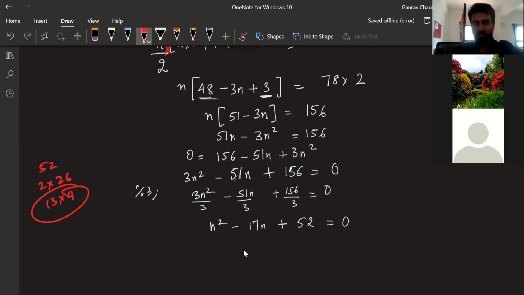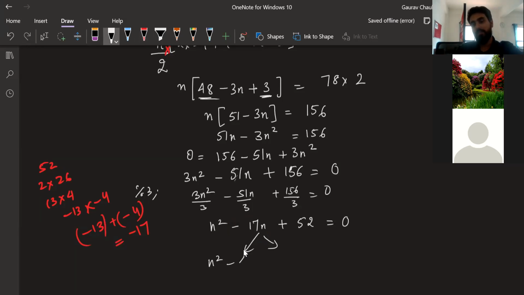Yeah. So if I take minus 13 and into minus 4, I will get plus 52. Why plus 52? Because here there is plus 1. So I'm doing plus 1 into plus 52. So finally I get plus 52. And when I add minus 13 plus minus 4, I will get minus 17, which is the coefficient of the middle term. So I'm going to split this middle term.